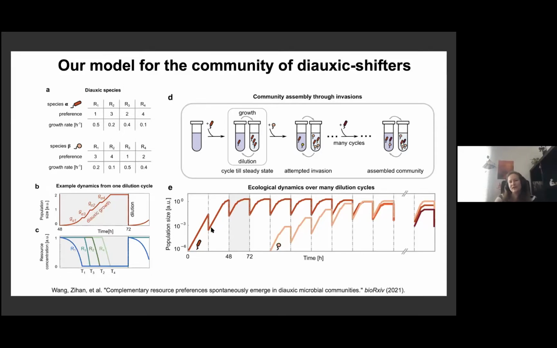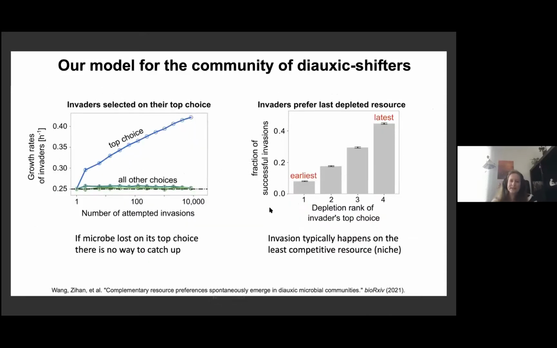So we tried to do this community assembly experiment in the popular batch culture scenario, where we have a batch culture with different carbon sources, and we have microbes coming in one by one, and we cycle the model until each microbe has a chance to be established or to be washed out. And basically, the key finding of this model is the following. The whole selection for community members will depend on the top choice resource.